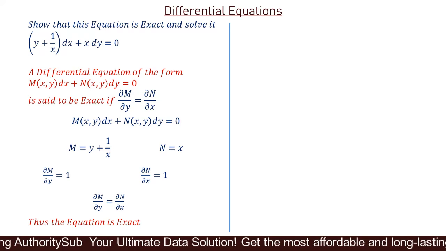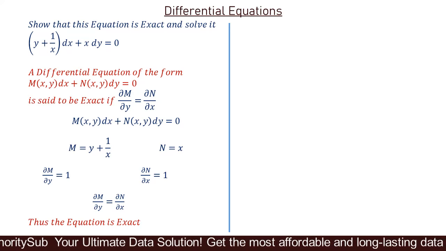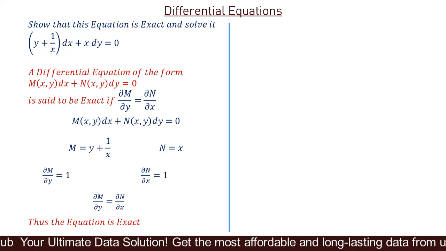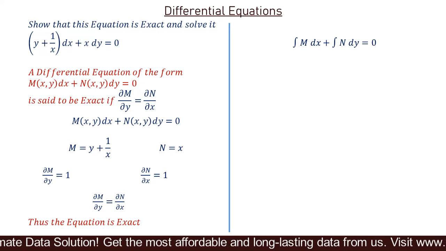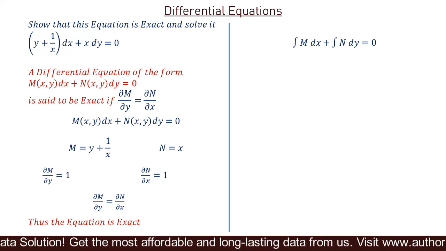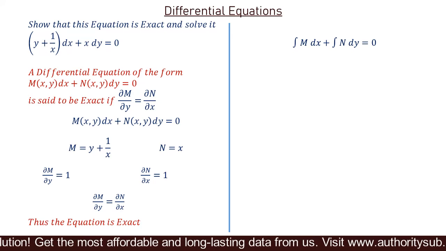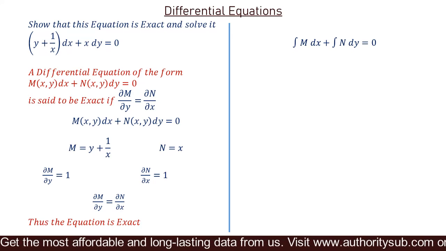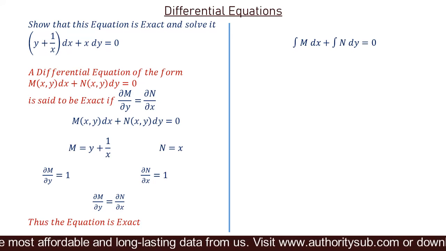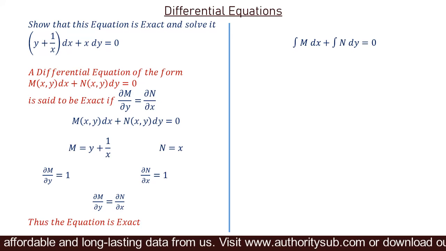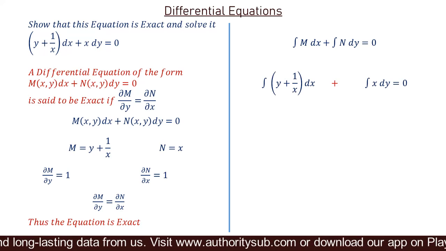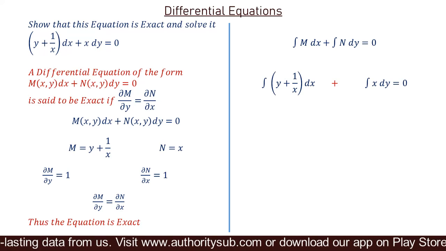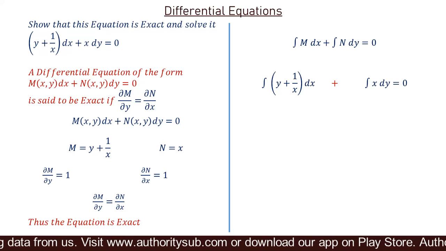Now, going further to solve this, we see that the solution that we are looking for is the integral of M dx plus the integral of N dy equal to 0. Now let's integrate our M with respect to x, integrate our N with respect to y. Doing so, we're going to have the integral of (y + 1/x) dx plus the integral of x dy equal to 0.